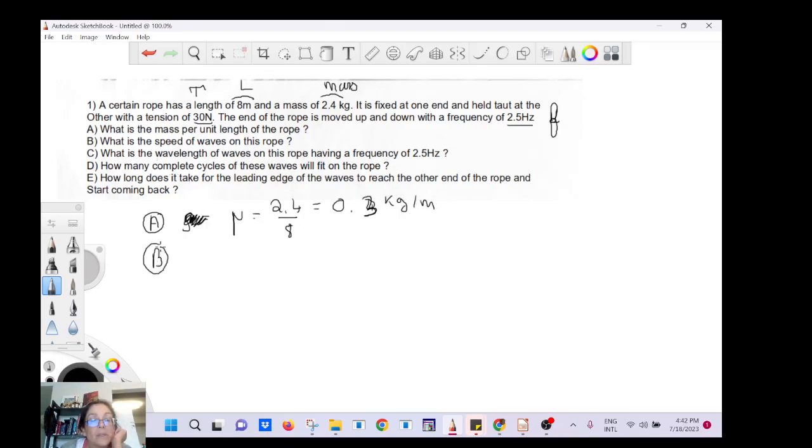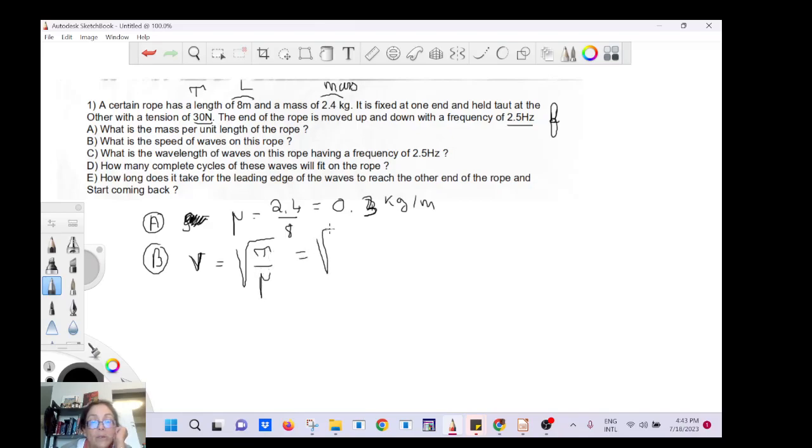B, what's going to be the speed? So it's speed, so it's a scalar. It's the square root of the tension, which is like a restoring force that wants to bring back each oscillator to its equilibrium position, divided by mu.